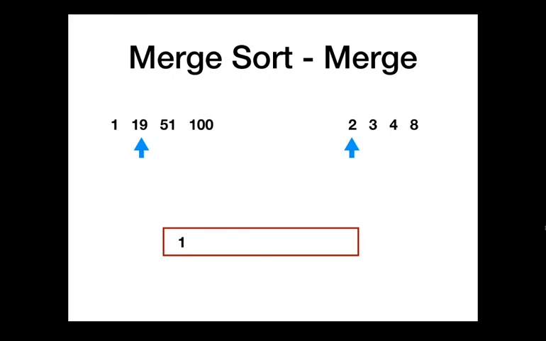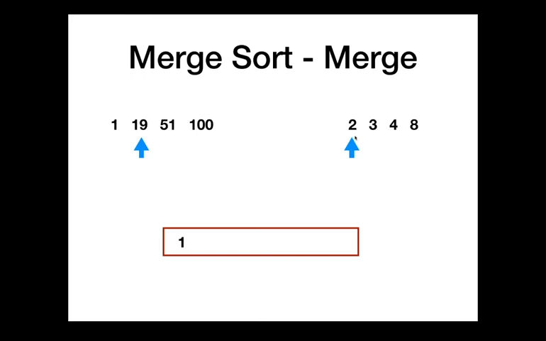Now with just one single comparison, I know that 1 is the first element in my overall output list that will contain all of these elements. I can do that by a lot of transitivity. So 1 comes before 2, and 2 comes before all of these values according to my comparator. And yes, there can be ties, but we're breaking ties arbitrarily, so I'm just not going to be concerned with them.